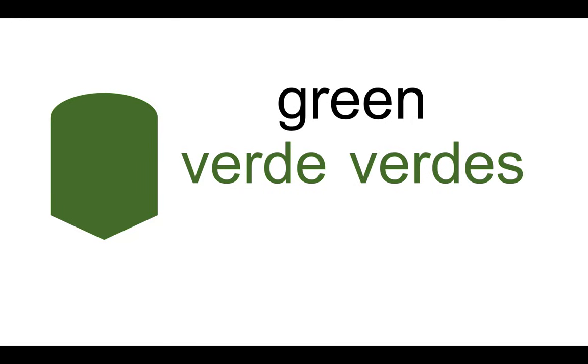Green has the form "verde" and "verdes." Because it is an adjective that does not end in an O, it simply has two forms, one for singular masculine and feminine and one for plural masculine and feminine. Let's take a look.